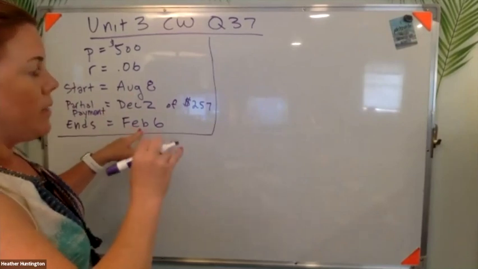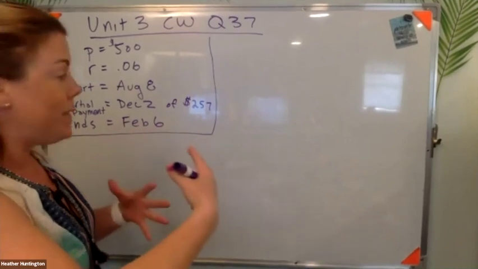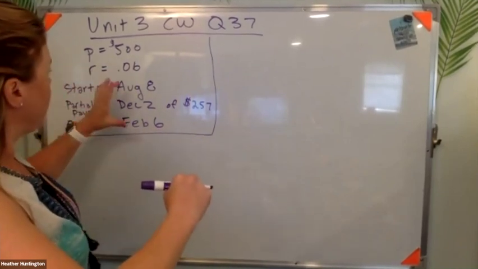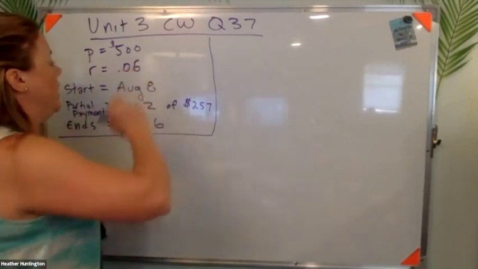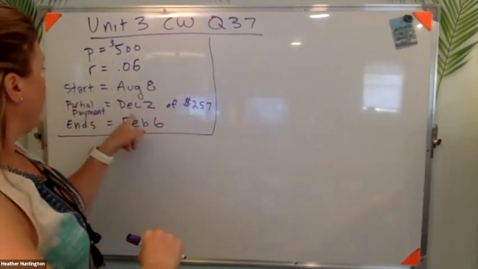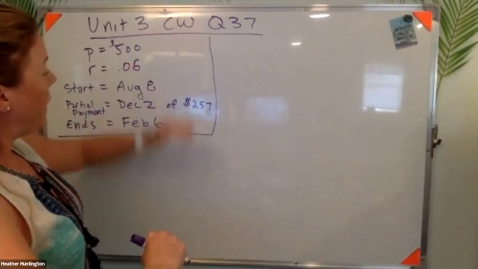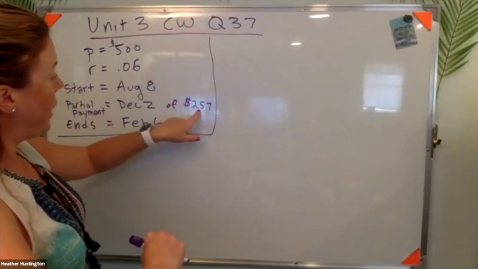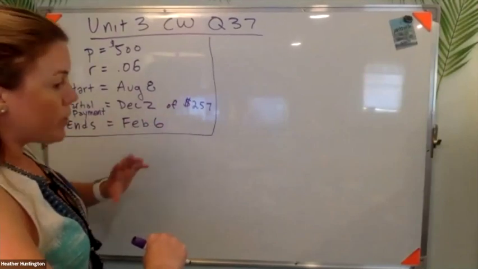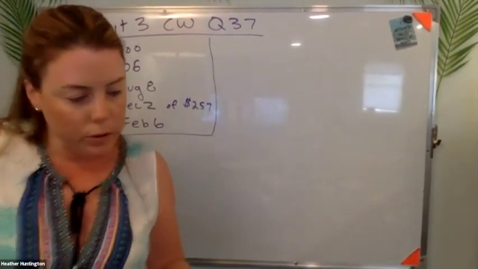So that's about 6 months, and we'll figure out the exact days in a minute. You make some partial payment around December 2nd of $257. But what we have to do is reduce the principal after this payment so that the interest will be lower. Okay, so it's just good to step back and see what we're doing here.